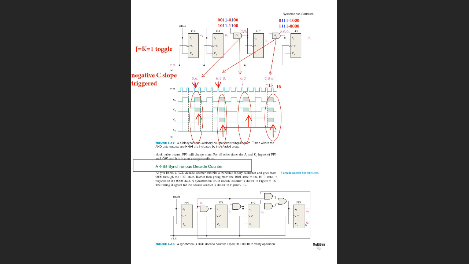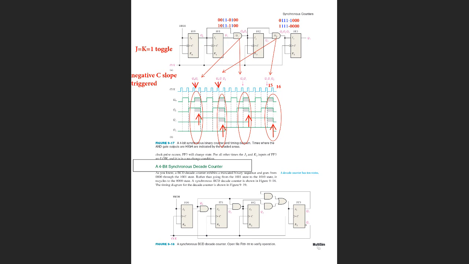When you look at the timing diagram, in which every next flip-flop is changing its state every second clock, every fourth, and every eighth, and so on, you may see that the sequence of outputs requires this toggling. So we need to toggle when we switch from 3 to 4.